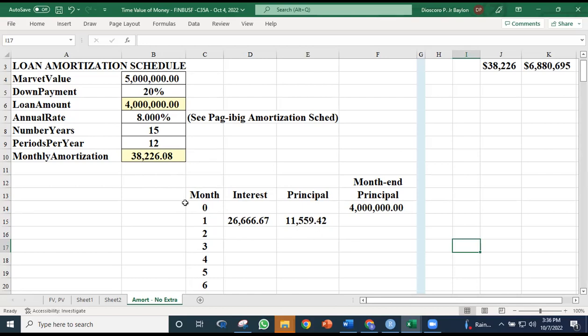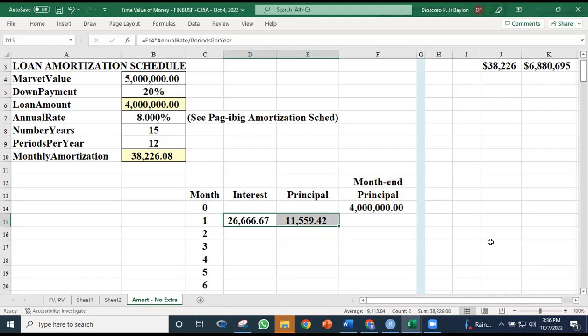Ay, mali. Sorry. So, halos 70% pala. I was wrong. 26,000 out of 38,000 interest payment yun. Okay? Yung sa principal, 11,000 lang out of the 38. Okay? All right. So, ang total nito, of course, 38,226 yan. Kasi yan ang binabayad natin every month.